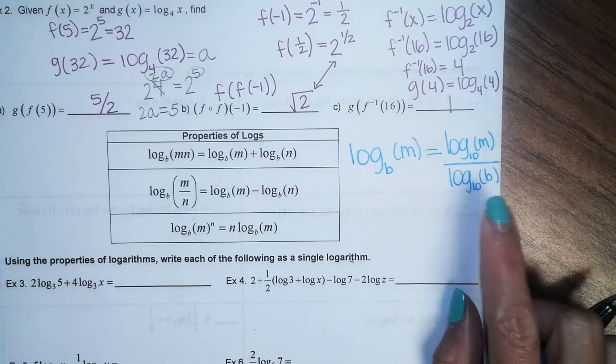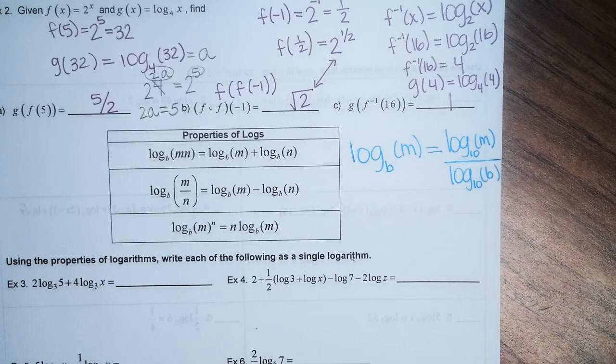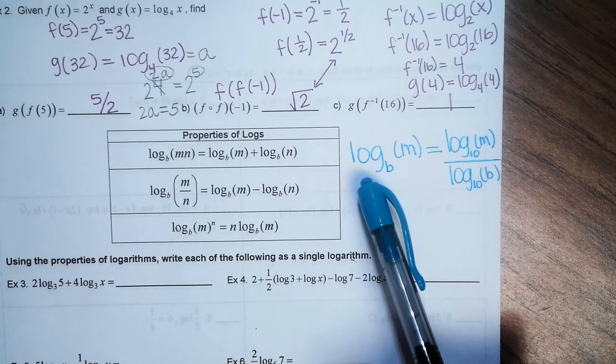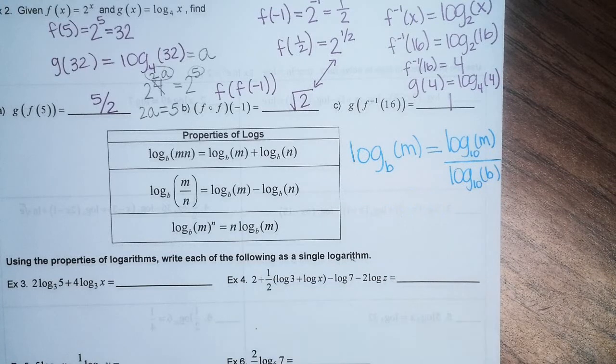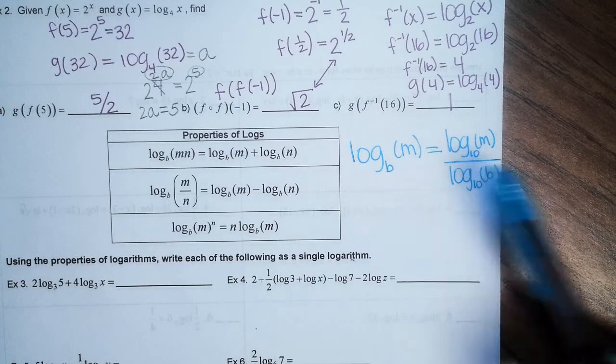So add that to your log properties. So when you have a log of whatever base of m, that's going to be the same as log base 10 of m over log base 10 of b.